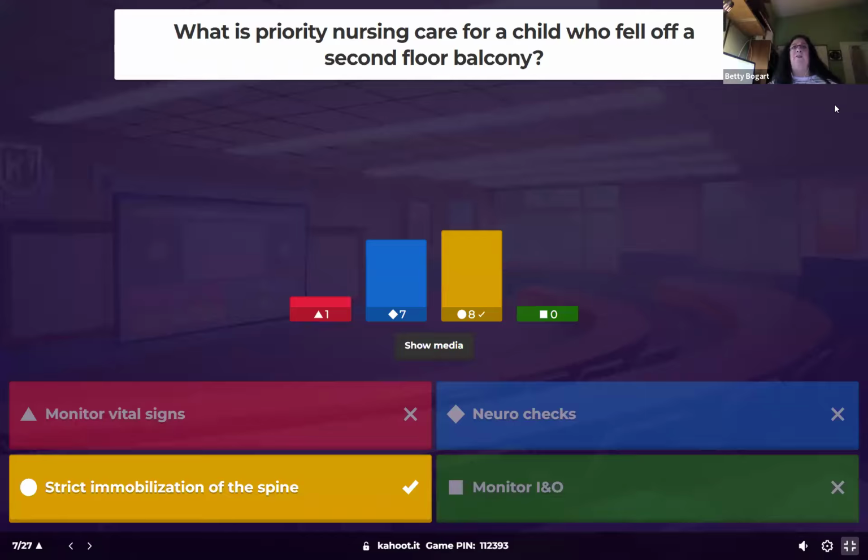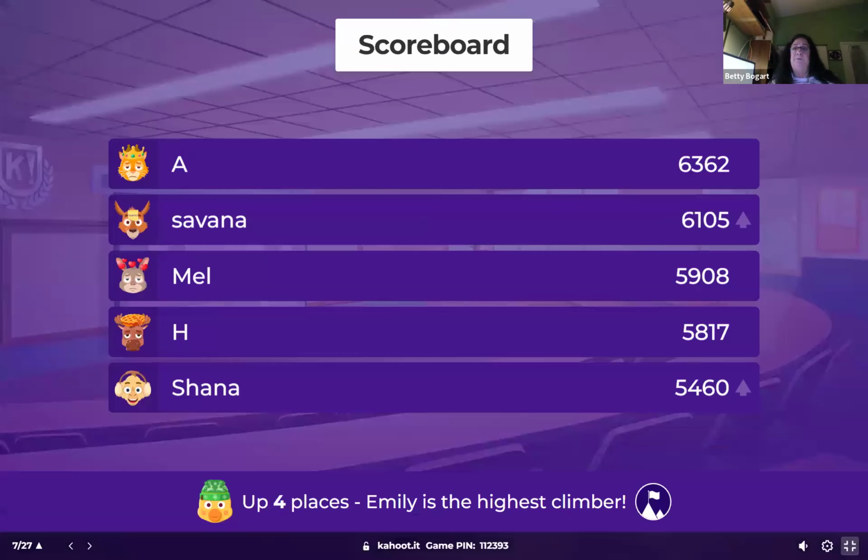So our big thing is when you get these children into the ER, they're going to be immobilized on neck collars, and some of them, they even tape them to the backboards. You have to maintain that child's spine as still as you possibly can. You can cause paralysis.